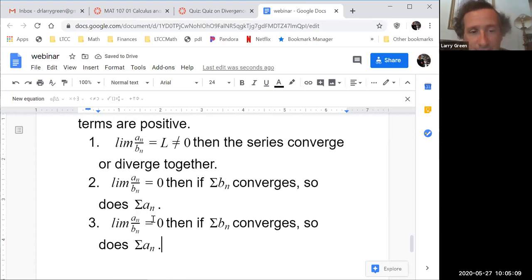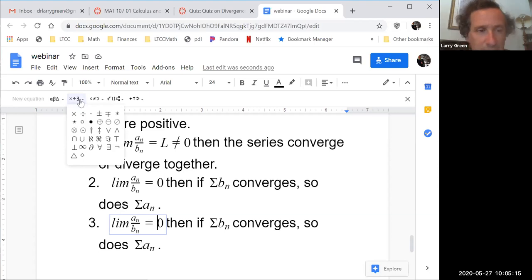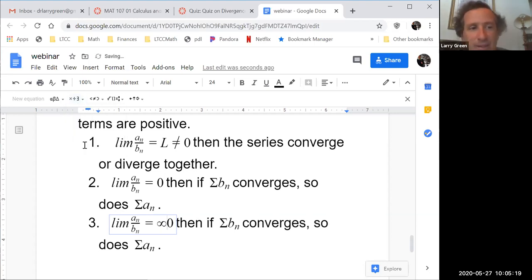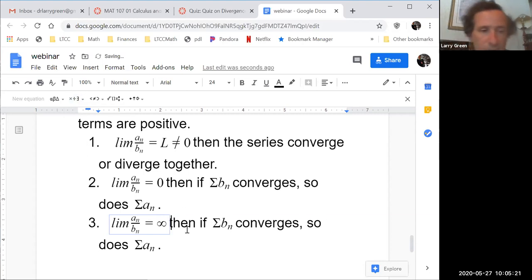Okay, well, the other thing is we could have, instead of being equal to 0, it being equal to infinity. Those are the 3 choices. You can be not 0, be 0, or be infinity. So now let's take a look at it.